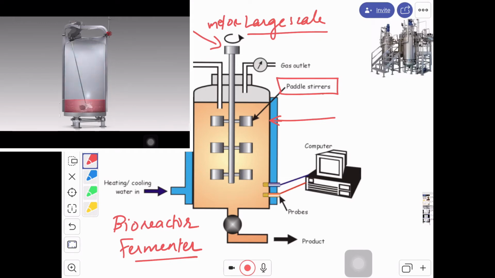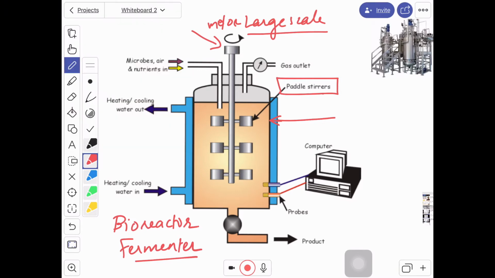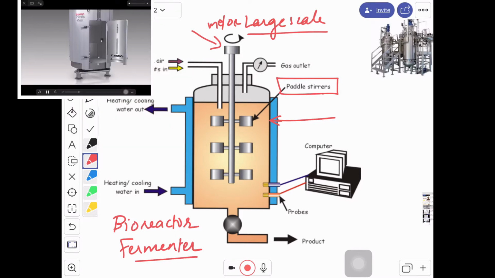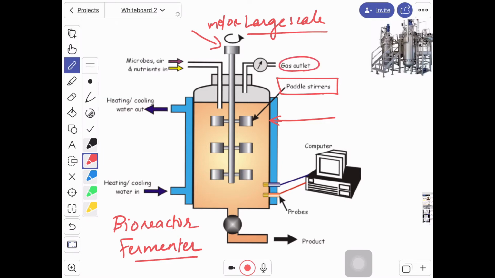This is a stainless steel tank which is associated with many control units. You can see a gas outlet, an inlet, an outlet, and also a heating water and a cooling water jacket. This helps to maintain temperature.